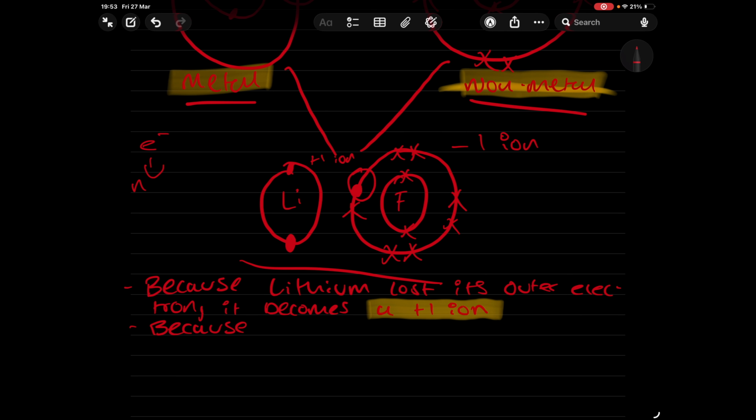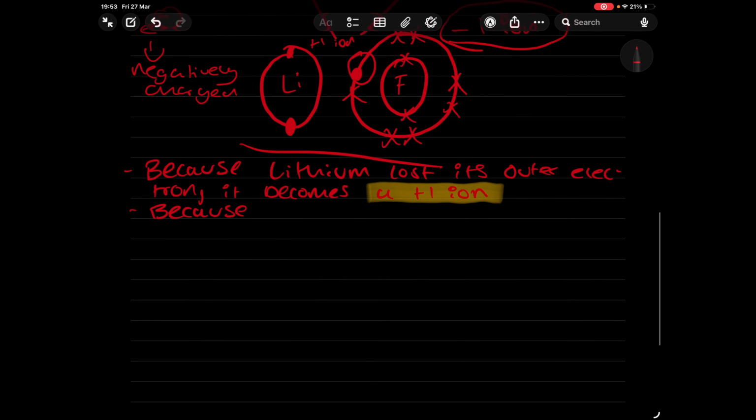Because it lost the negative charge, it becomes a +1 ion, and because the fluorine gains the electron, which is negatively charged, it becomes a -1 ion.